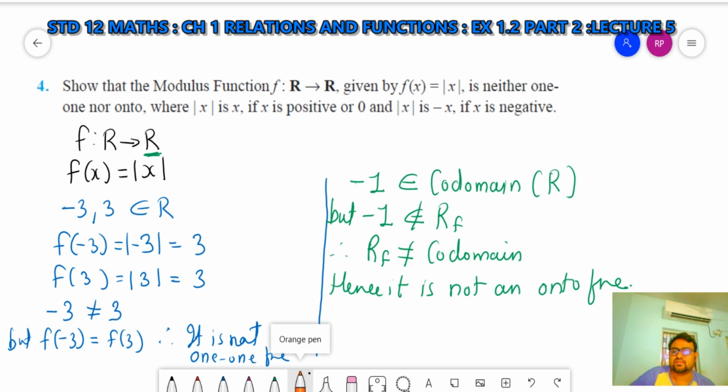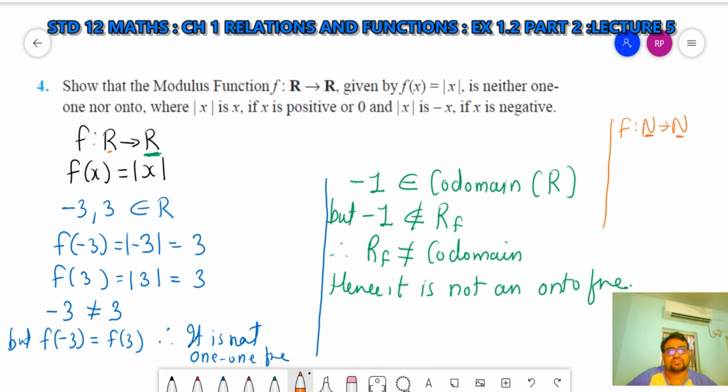See, if the function is from N to N, that means we can only take positive numbers. So for any two different numbers you will not get f(x1) equal to f(x2). Clear? Okay, then it will be 1-1, and also here it will be N, so positive numbers will be only there. Okay, then it will be also onto.